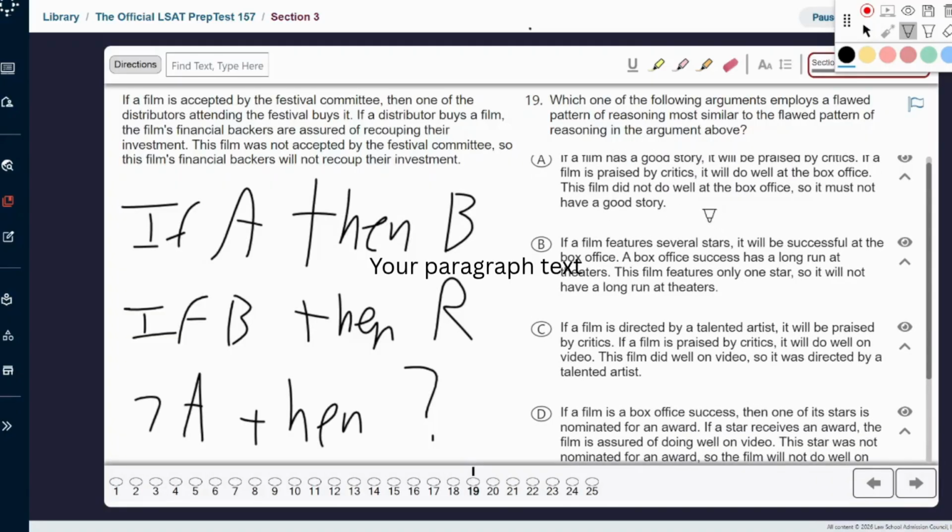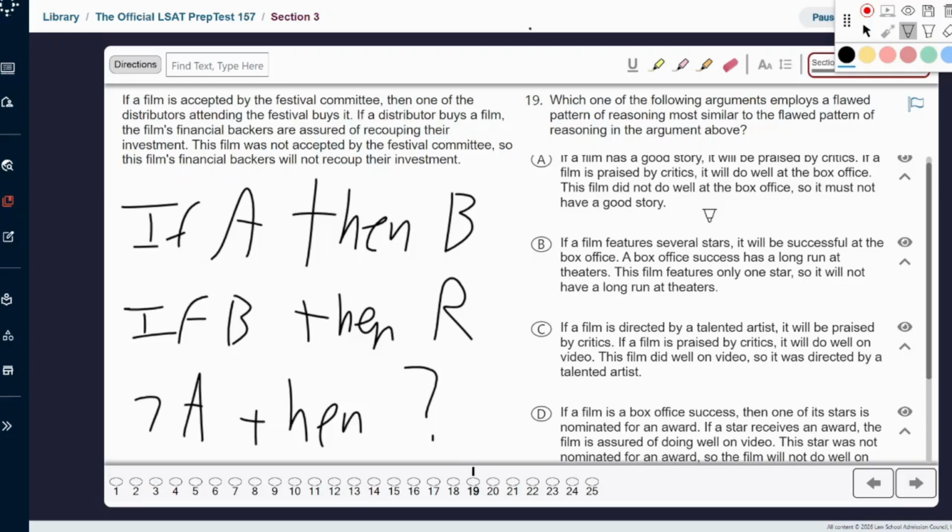All right, let's take a look at B now. B says, if a film features several stars, it will be successful at the box office. That's a pretty straightforward sufficient condition. That matches. Now we need something that starts with the conclusion of the first conditional, if a film is successful at the box office. A box office success has a long run at theaters.